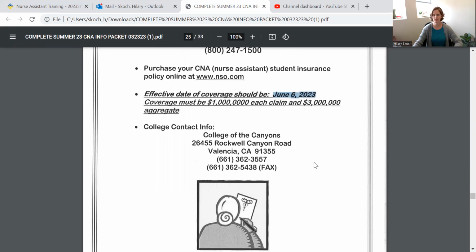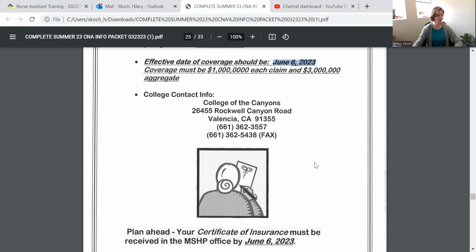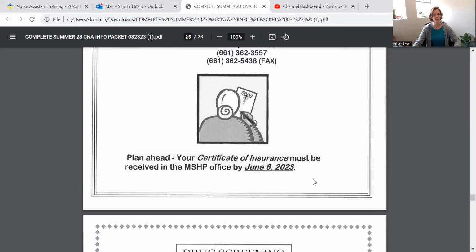It is $25 a year. So this will be June 6, 2023 to June 6, 2024. So it's good for 1 year. Make sure that your date is correct for your class. Please print out your certificate and bring it to the Health Professions Office when you return your completed packet.